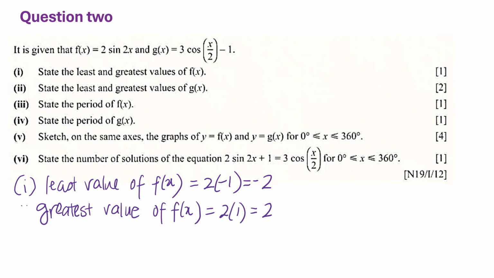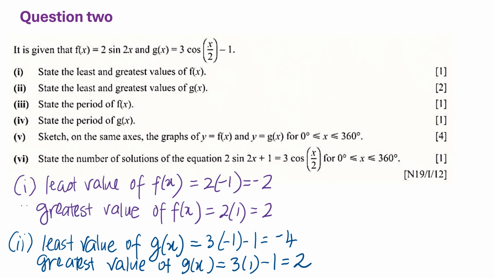The least and greatest values refer to the minimum and maximum values, which we have done earlier on. For part 2, the least value of g(x), we substitute cos(x over 2) to be negative 1, and for the greatest value, we substitute cos(x over 2) to be 1.